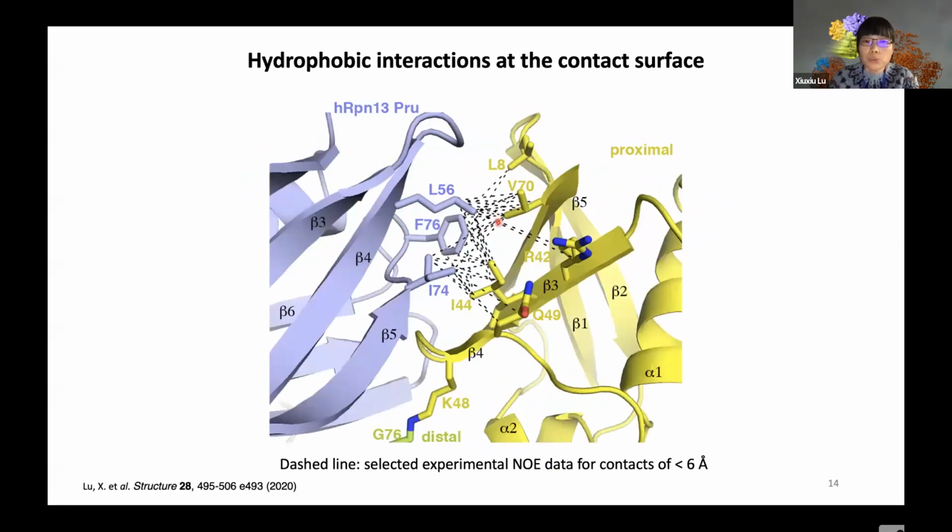Here I just show you the interactions between RPN13 Pru and the proximal ubiquitin. RPN13 leucine 56, phenylalanine 76, and isoleucine 74 form hydrophobic interactions with proximal ubiquitin leucine 8, valine 17, and isoleucine 44. These three residues of ubiquitin are also used to bind other ubiquitin partners.